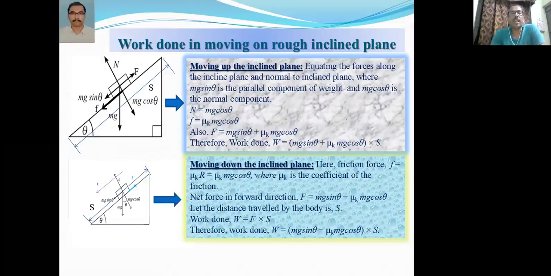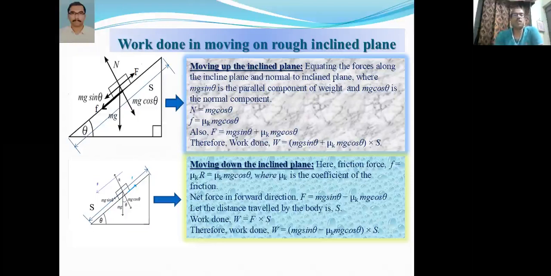So N equals mg cos theta, and frictional force F equals mu k times mg cos theta. So the total force F, which can be applied to move it upwards on the inclined surface, is F equals mg sin theta plus mu k mg cos theta.